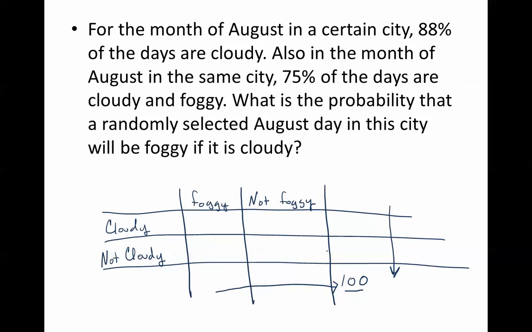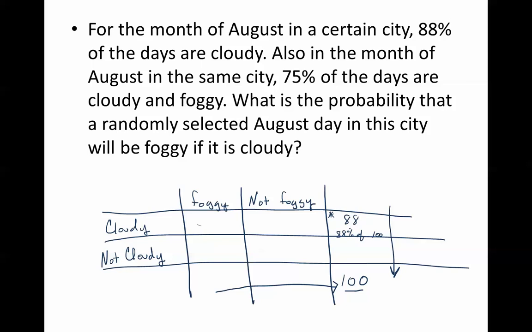So let's start filling in numbers here. We're told that 88% of the days are cloudy. So over here is the total number of cloudy days. Some of the cloudy days will be foggy, some of the cloudy days will be not foggy. These are the total number of cloudy days, and it is 88% of the 100 that we started with, so that gives us a value of 88 days that are going to be cloudy.